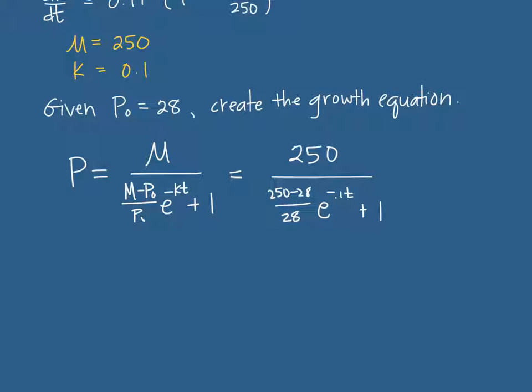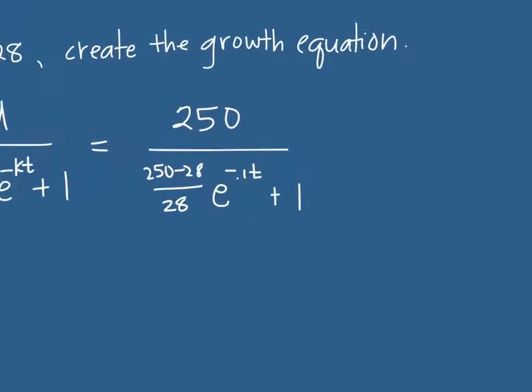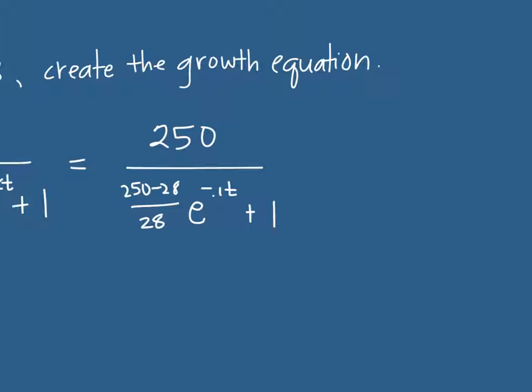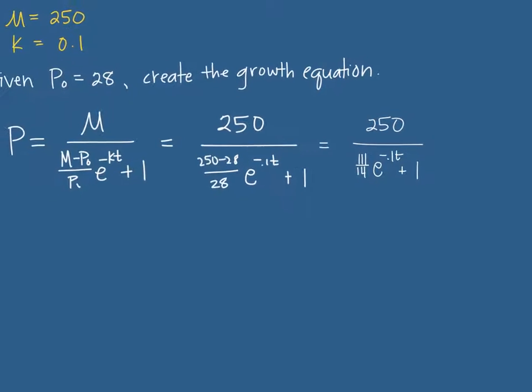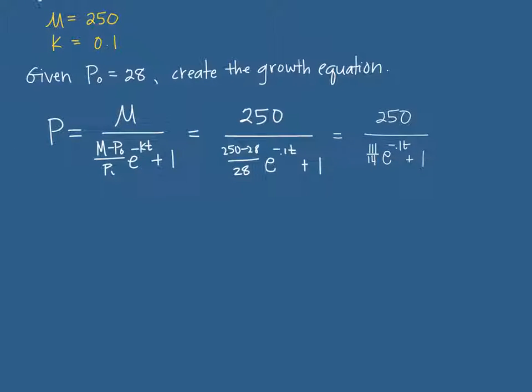So you just have to clean that up. 250 over, it didn't work out nicely, 111 over 14 e to the negative 0.1t plus 1. All right, there is your logistic model from that differential equation.